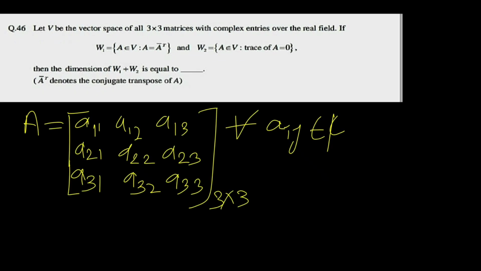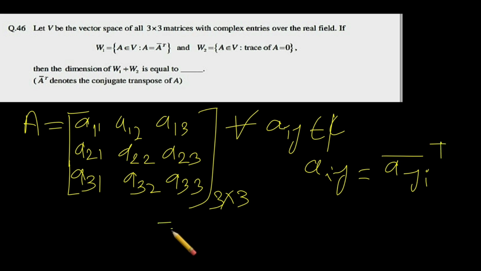This is the A where Aij are complex entries, for W1. W1 is a Hermitian matrix, so we know that Aij equals Aji bar, the conjugate transpose.